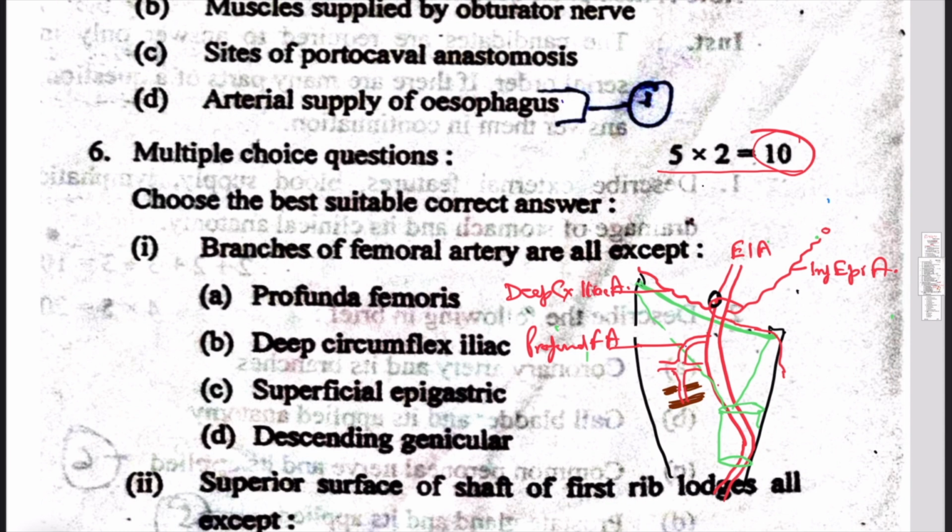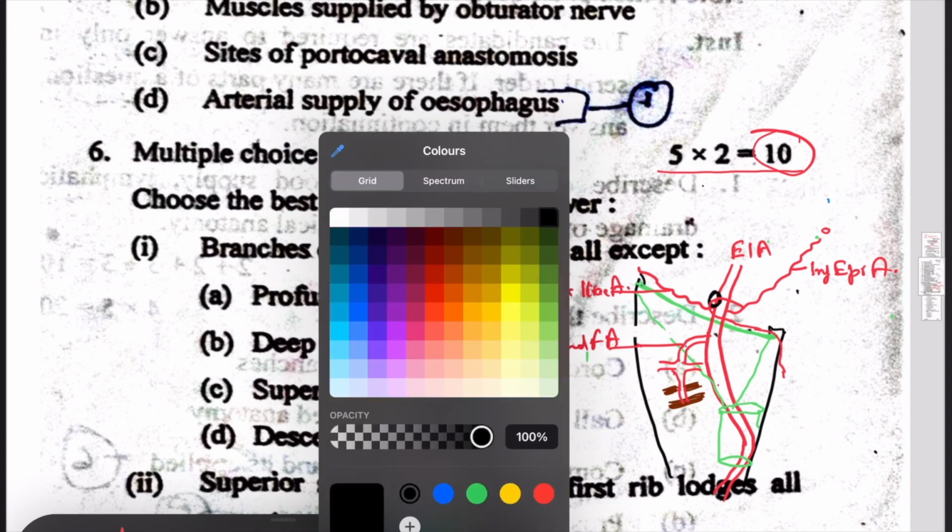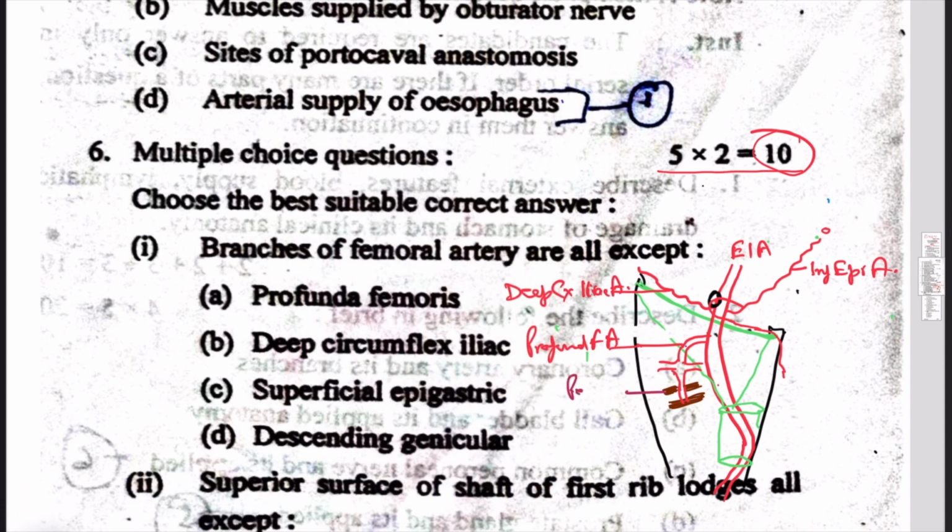Which two muscles are these? The answer is that this is pectineus, and this is adductor longus.